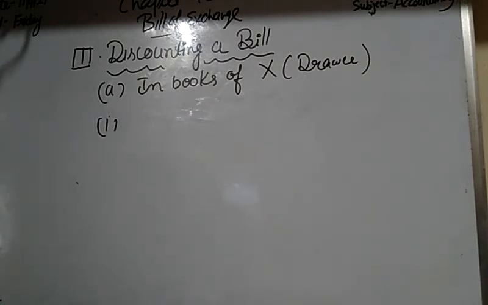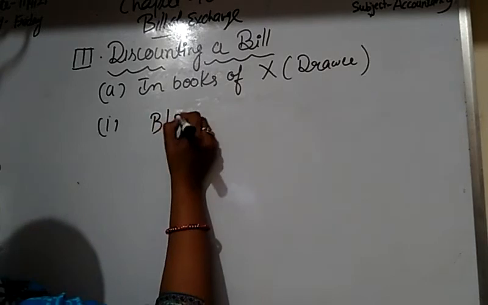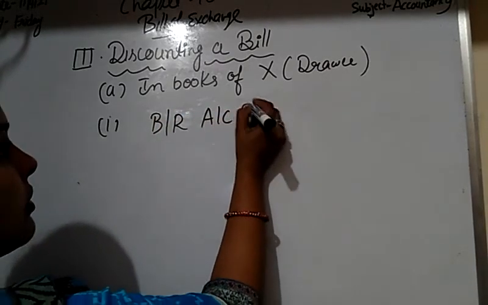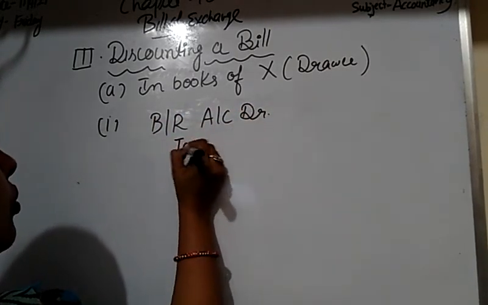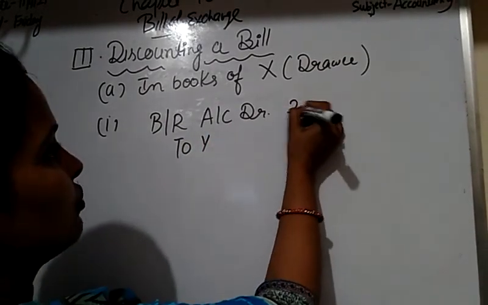So in the books of X, when the bill is drawn upon the name of the drawee, the journal entry is bills receivable account debit to Y, and the amount of the bill is 2000.